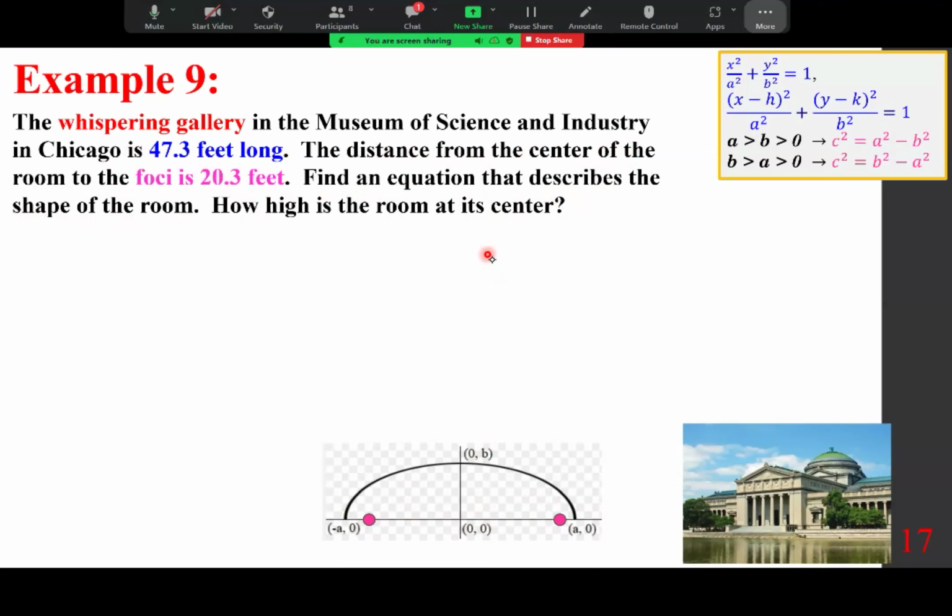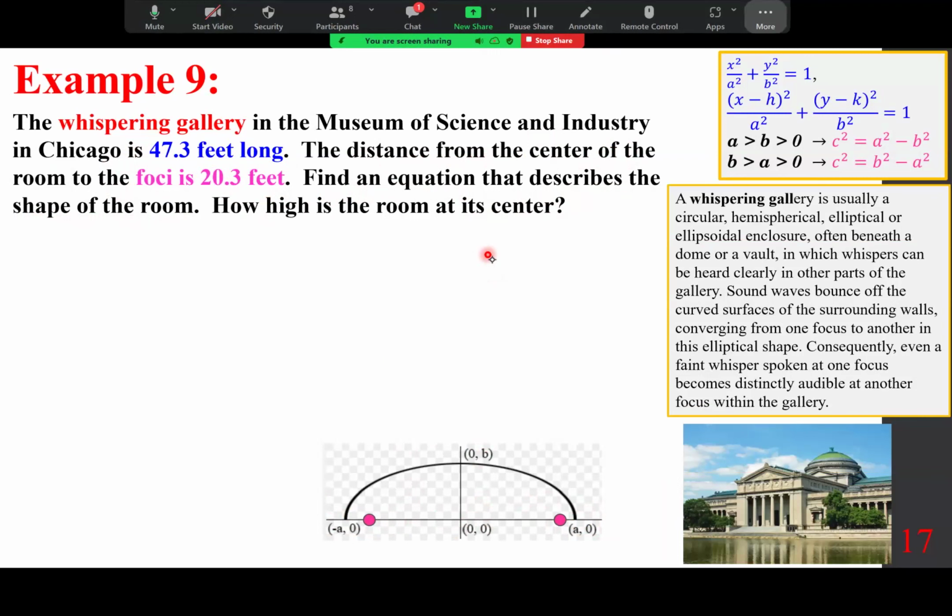First, let me tell you about what's called a whispering gallery and how we arrive at it. This is one of the properties of an ellipse. A whispering gallery is usually a circular, hemispherical, elliptical, or ellipsoidal enclosure, often beneath a dome or a vault, in which whispers can be heard clearly in other parts of the gallery.